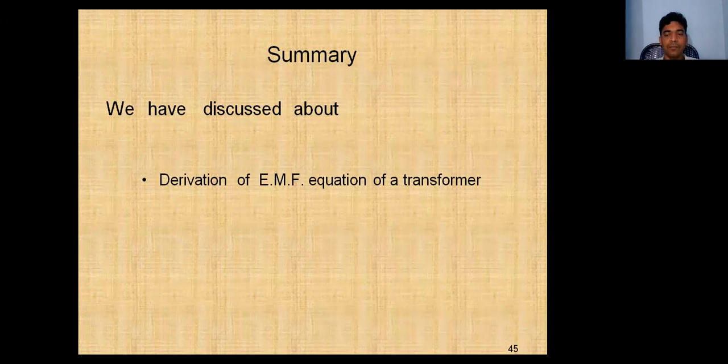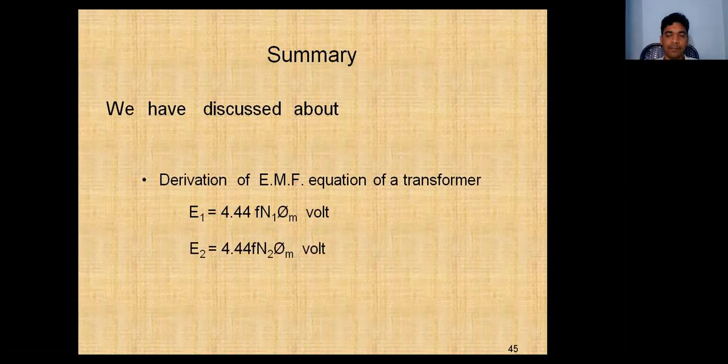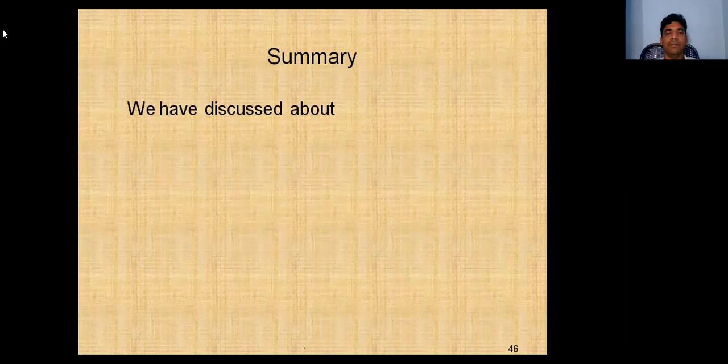Okay, coming to the summary, we have discussed the derivation of the EMF equation of a transformer. E1 is equal to 4.44 f N1 phi m, where phi m is the maximum value of flux. E2 is equal to 4.44 f N2 phi m.